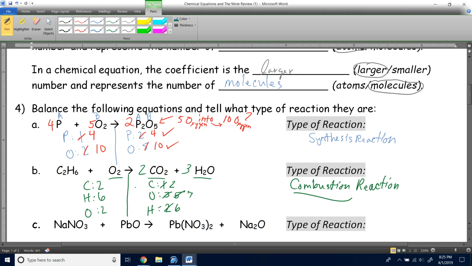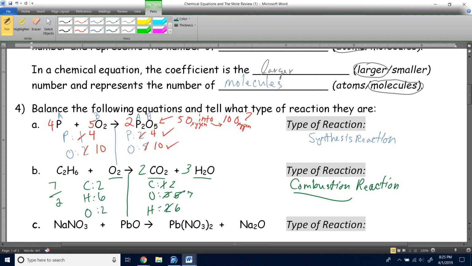So what can we do here, fellas? Well, there's 2 things. Let's first figure out how can we get 7 oxygens right here. Oh, well, that'll be easy. What's 7 divided by 2? Because we have 2 oxygens already here. So we need a coefficient that we're going to put in here that multiplies with the oxygen's subscript of 2 to make 7.